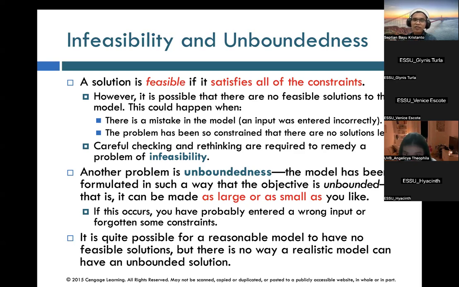So what kind of analysis could happen in your data? It should be in a feasible way, so that you can accommodate all of your constraints. Sometimes we make mistakes in our data, or sometimes we don't have any solutions. But if it is possible and feasible, that's the best option that you have.